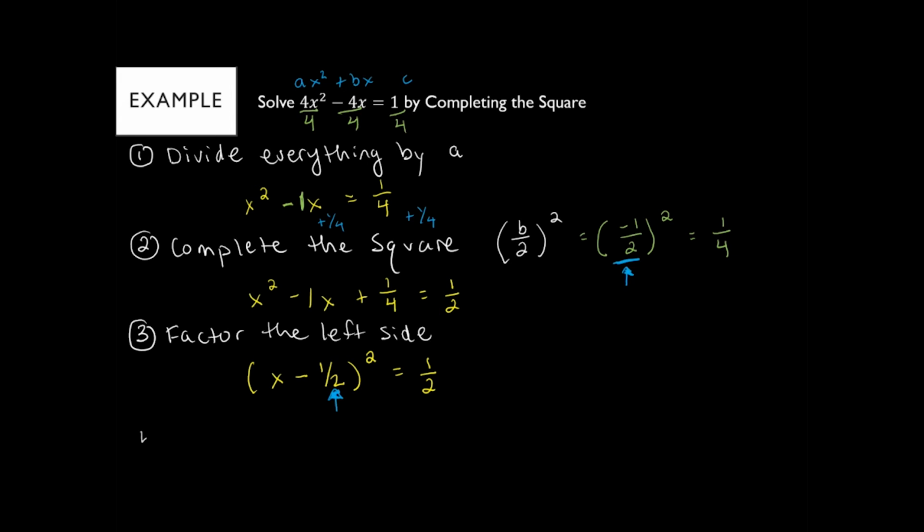So once you've got that factor, then step 4 is to solve using the square root property. And so that's where we're going to take the square root on both sides. So I'm going to move to my next slide so I can continue.